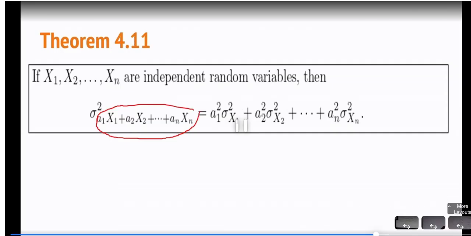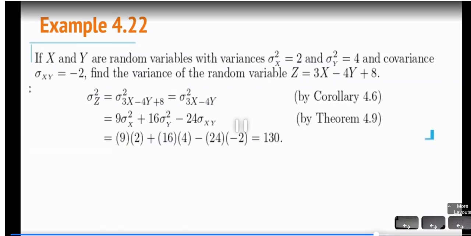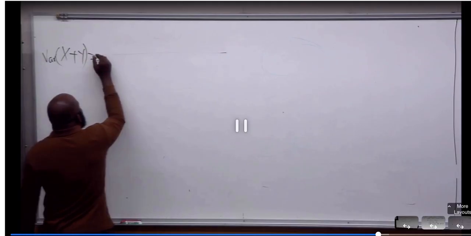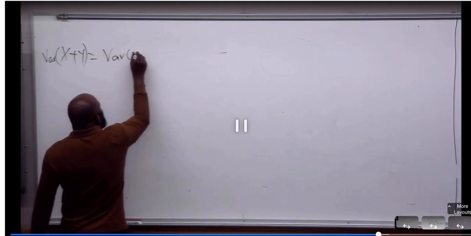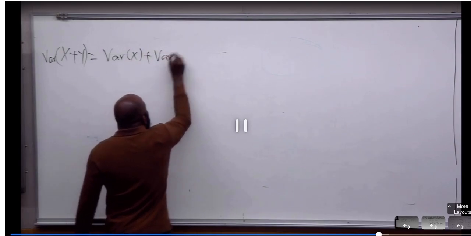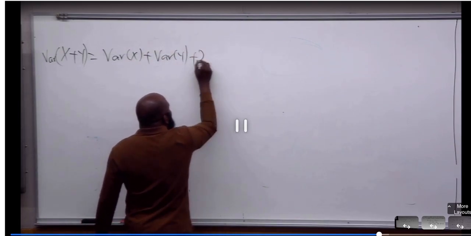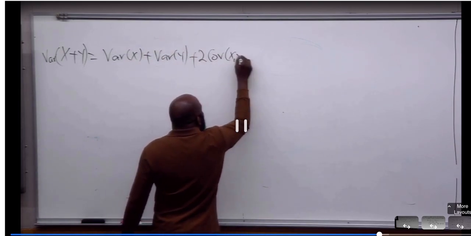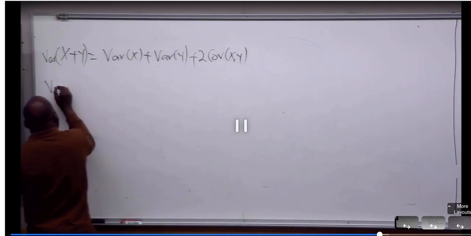Now, I have an example here. If X and Y are random variables with sigma x squared equal to that, and you have the covariance. But let me quickly tell you this. The variance of X plus Y is variance of X plus variance of Y plus 2 covariance xy.